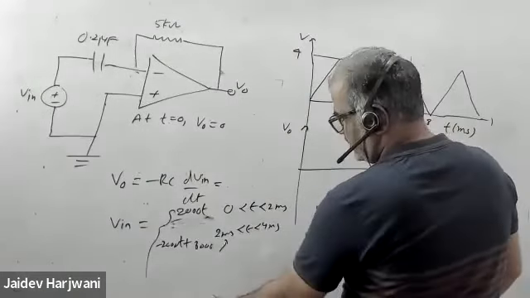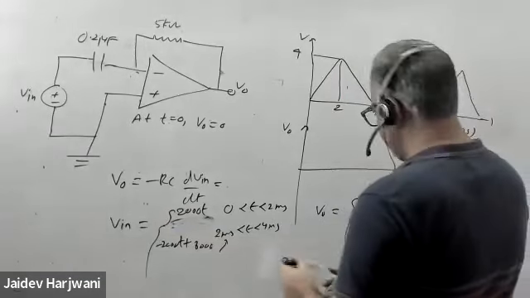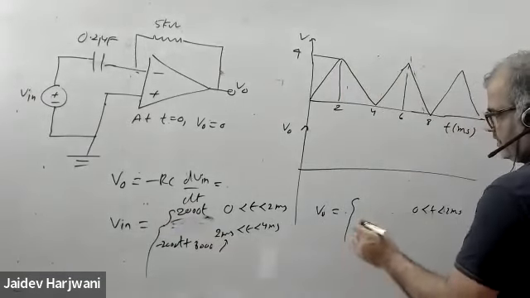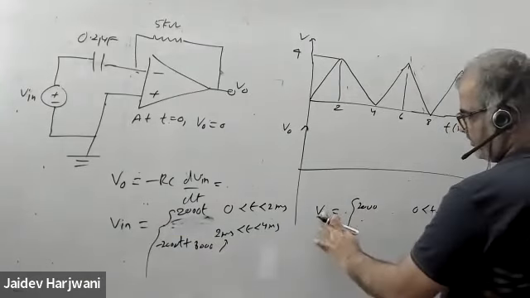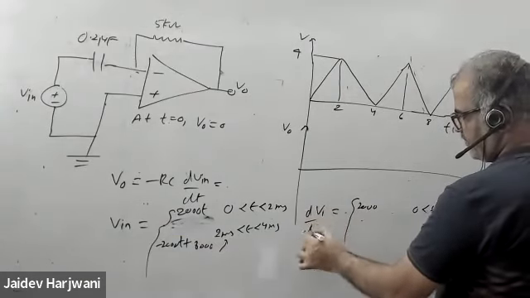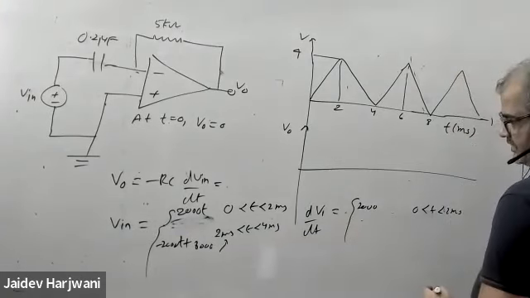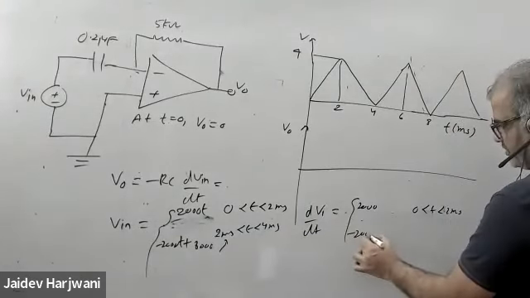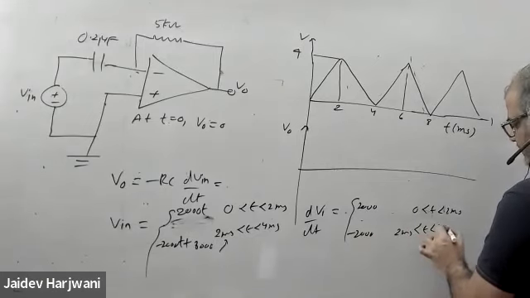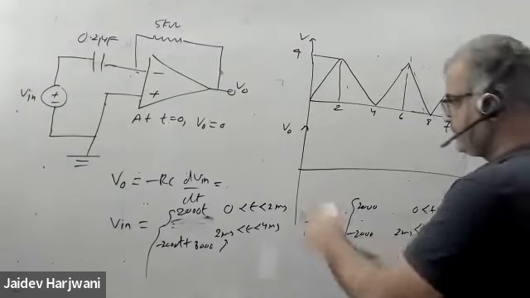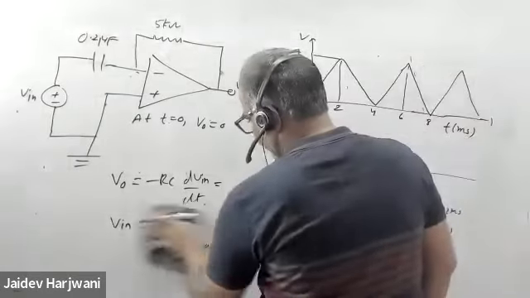Differentiate this one: it will give 2000 for dV input upon dt in this case and minus 2000 for the other case, 2 millisecond to 4 millisecond. Now put these values here so you get V output.